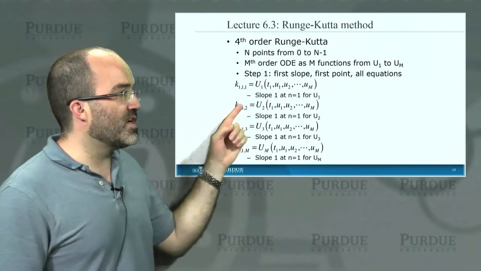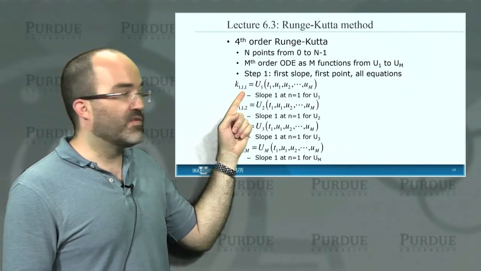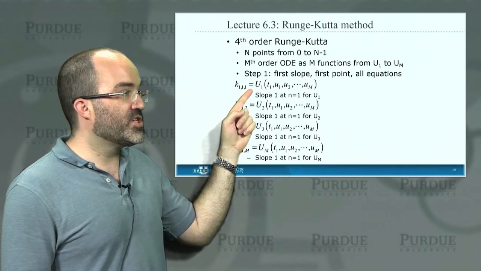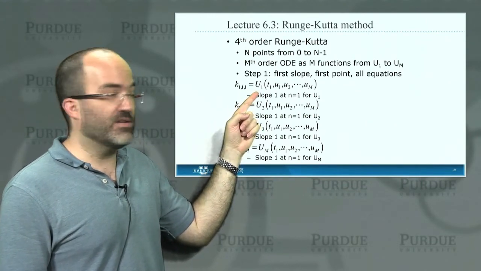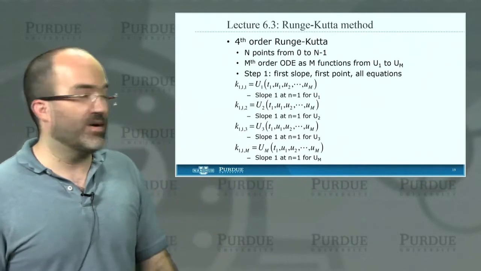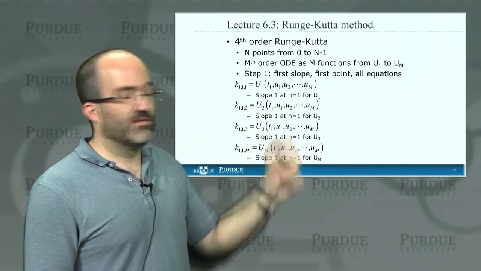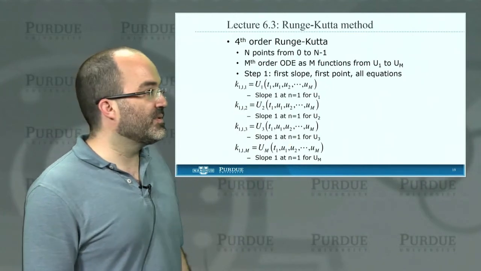So first you're going to solve the first slope for the first point and the first equation, k111, which is just u1 evaluated, right? Because remember, u1 is just y. It's u1 evaluated at this value. That'll give you the slope.